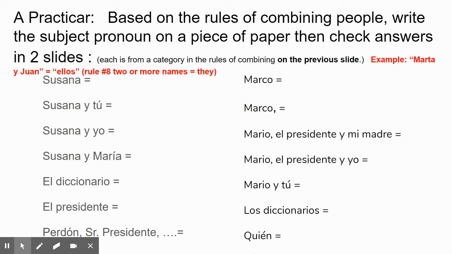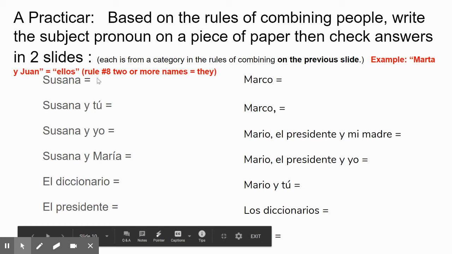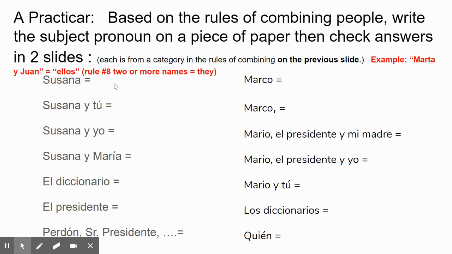So you could try these on your own. I want you to walk through and try each of these and replace those names or those groups with a subject pronoun. Remember, a pronoun replaces the noun. And so Susana, for example, would be ella. Okay. All right. So give that a shot.